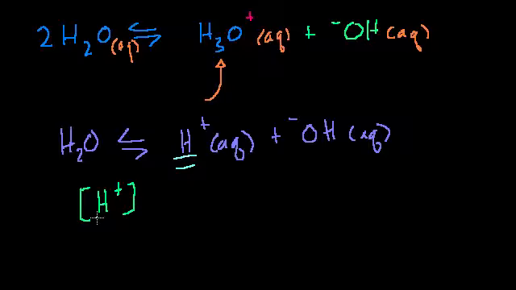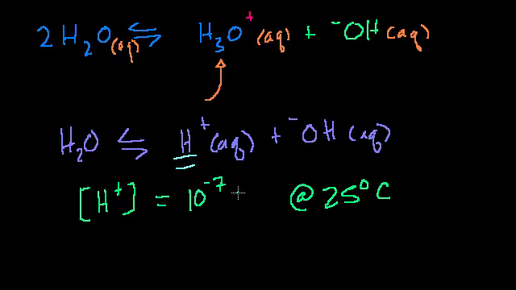And we learned in the last video that pure water at 25 degrees Celsius, which is room temperature, so let me write that. At 25 degrees Celsius, the concentration of your hydrogen protons, because that's really what they are, or hydrogen ions, is 10 to the minus 7 molar. And then we even said, chemists for whatever reason don't like dealing with negative exponents.